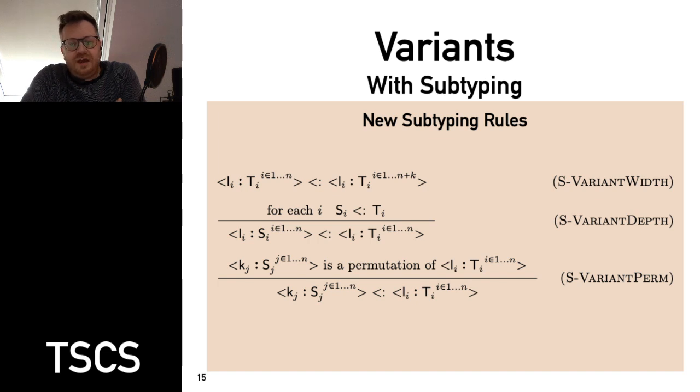However, in the depth relation, you can basically do the same thing as with records. So you can have a more precise type in the subtype, of course, which is okay. And then you can reorder, which is also okay for variants. The depth and the perm are basically the same thing as for records.